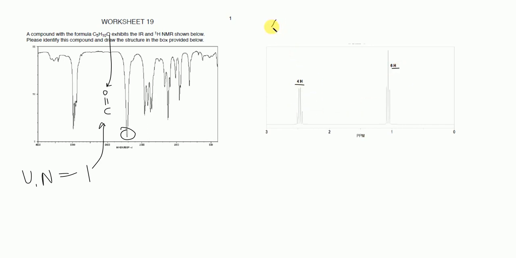So whenever you see either 4H, 6H, 9H, these are going to mean that you have symmetrical structures. Either symmetrical structures, I did one on the 2016 exam, that's one version of it, or things like, for example, 6H usually means you have an isopropyl. You have 2 CH3s, and then you have whatever hydrogens over here.